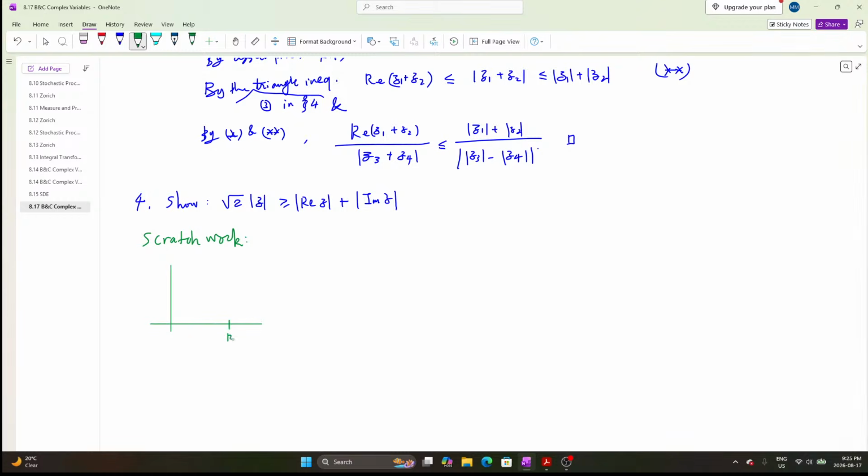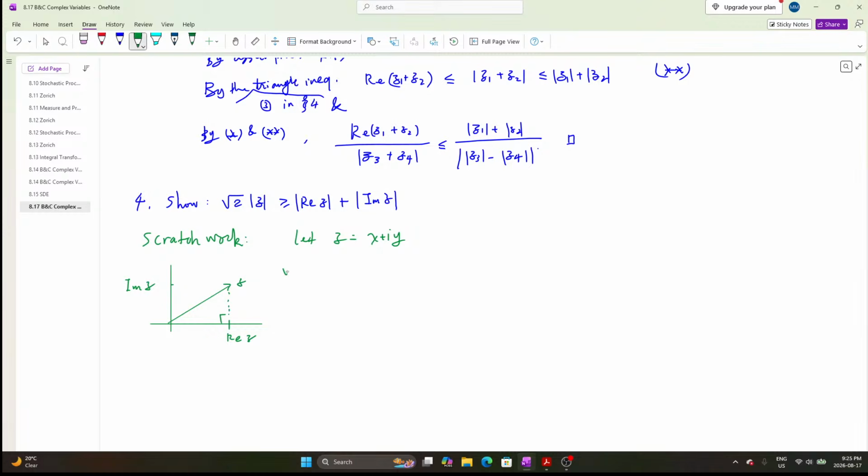This is the real part of z, and this is the imaginary part of z. And that's a vector, z. It says the sum of the two rectangular legs is bounded by the square root of 2 times the hypotenuse. Doesn't seem too intuitive, but let's just say, okay, let z be x plus iy.